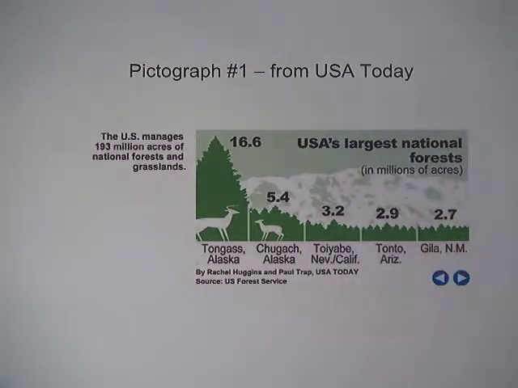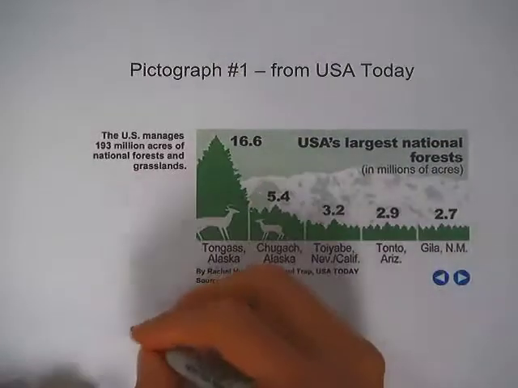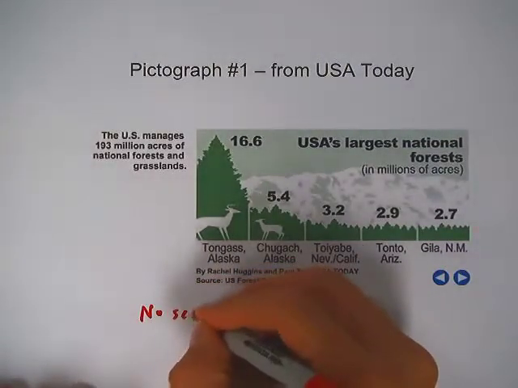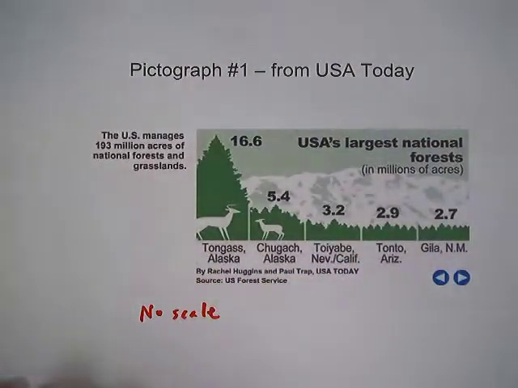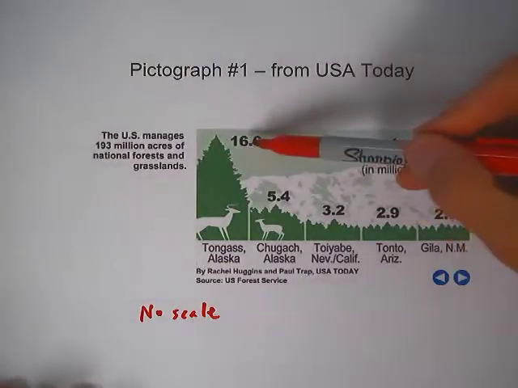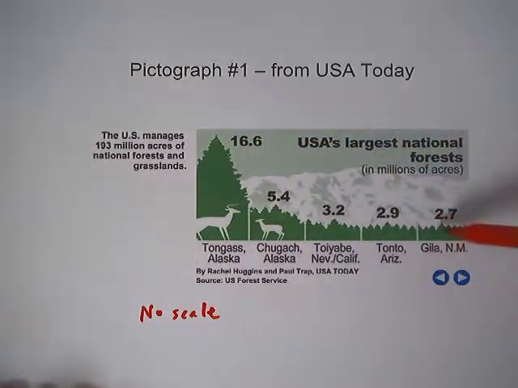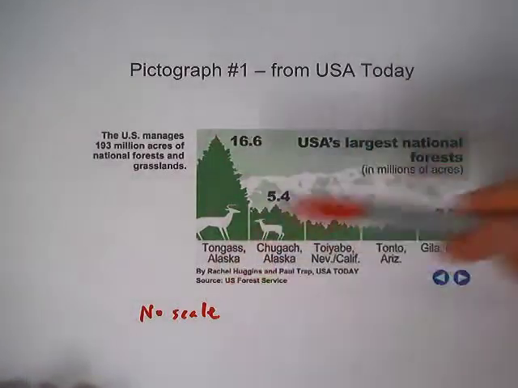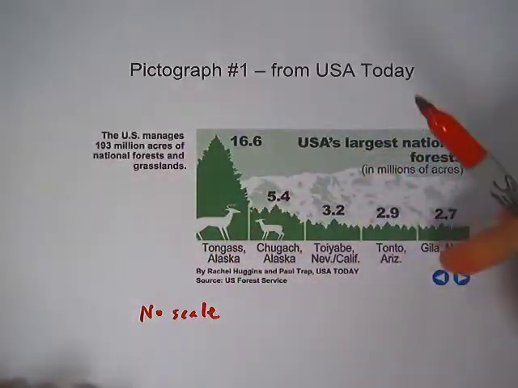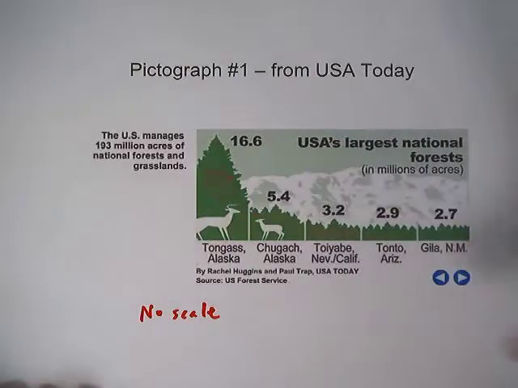But there are a couple things that I might have some issues with. So for one, there's really no scale. If we're measuring 16.6 versus 2.7, there's no scale here to measure it. So we aren't really quite sure if that's an appropriate measurement.